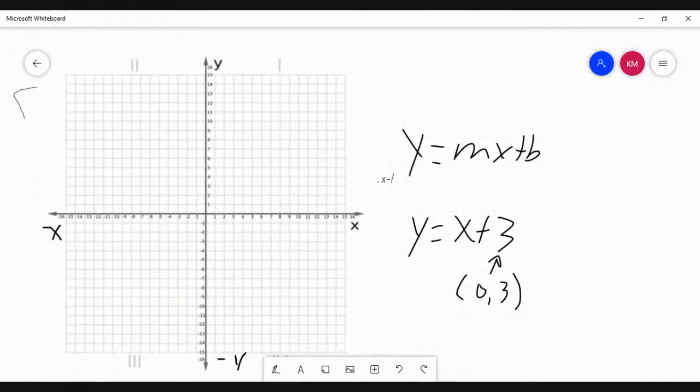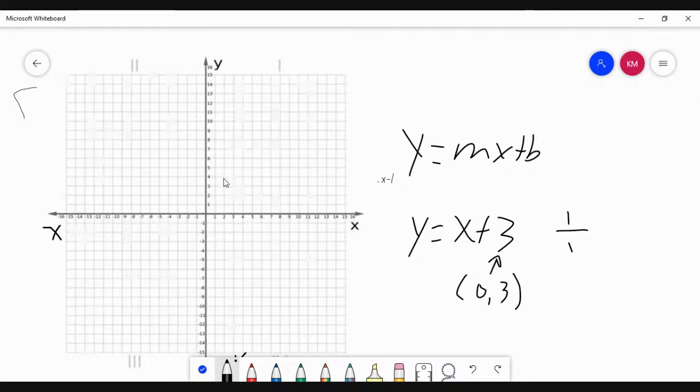So now my y-intercept is 0, 3 and my slope is 1 over 1. Anytime you have just a letter, that means your slope is always 1 over 1. That means you rise 1, you run 1, to the left or to the right. So to plot this, 0, comma 3 will fall here.